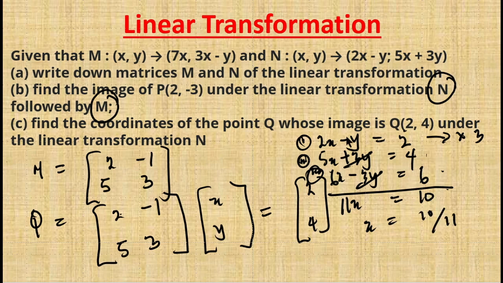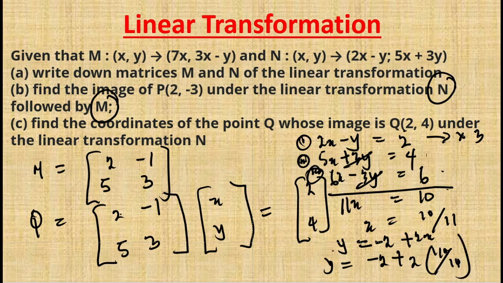If x is equals to 10 over 11, from equation 1, I know that my y should be equals to minus 2 plus 2x. I brought 2x to the other side, so y invariably will be the same thing as minus 2 plus 2 times 10 over 11. So that y now will be minus 2 plus 20 over 11.